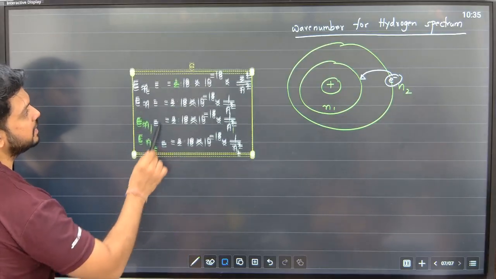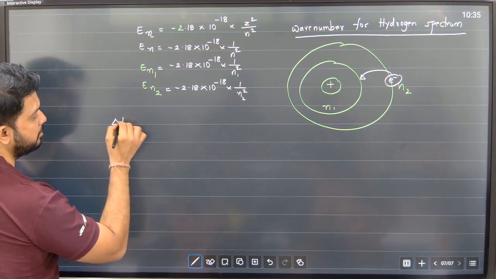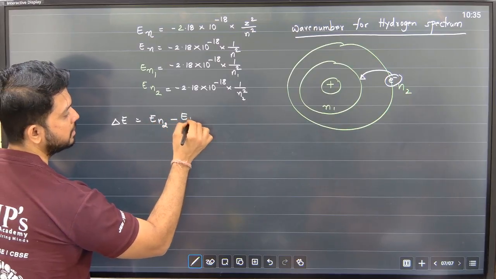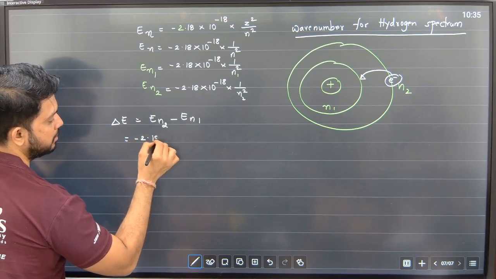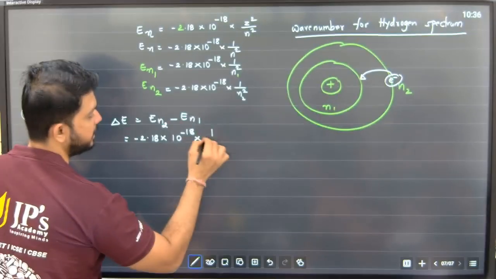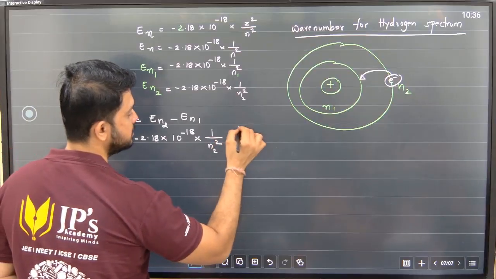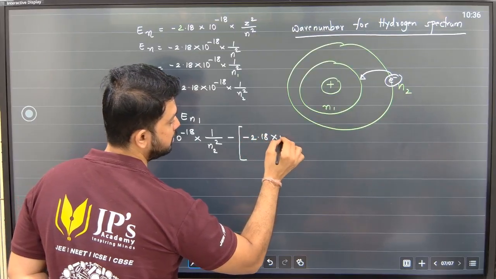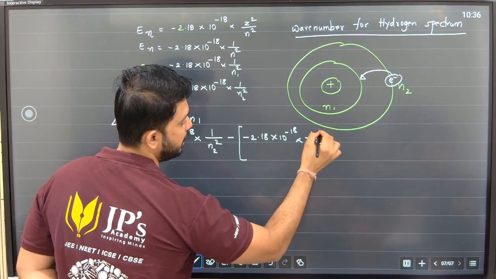Find the difference in energy for me. That is delta E will be En2 minus En1. How much is En2? Minus 2.18 into 10 raised to minus 18 into 1 upon n2 square, minus minus 2.18 into 10 raised to minus 18 into 1 upon n1 square.